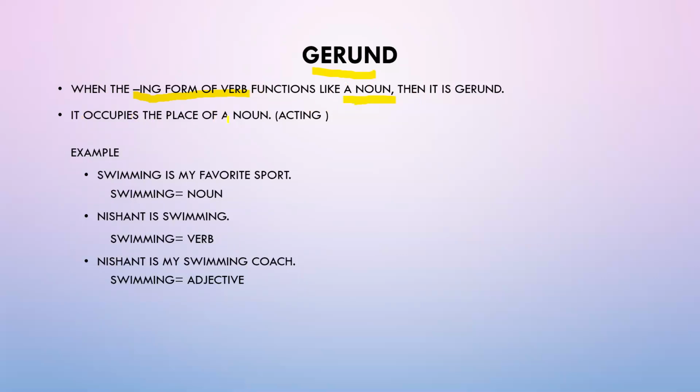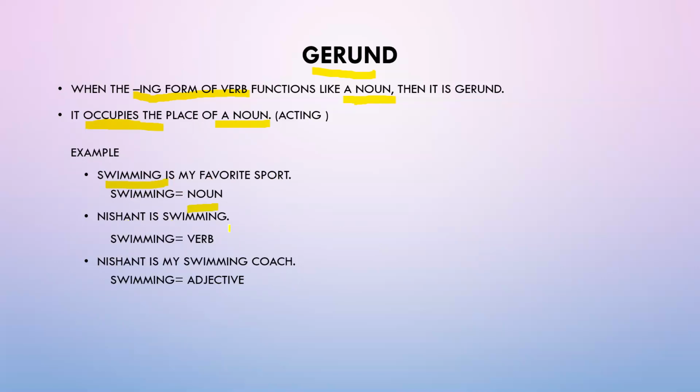It occupies the place of a noun. Just like in the last example, swimming is my favorite sport. So here swimming is acting like a noun. So this is a gerund.